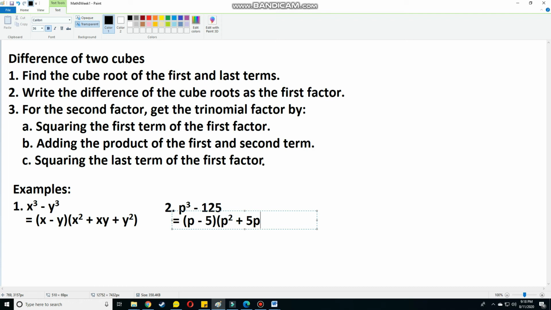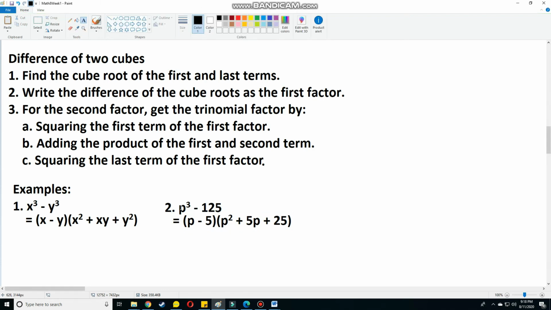And then squaring the last term of the first factor, so 5 raised to the second power, or 5 squared, that's 25. Okay, and that's it. So the factored form of the difference of two cubes, p cube minus 125, is equal to the quantity of p minus 5 times the quantity of p squared plus 5p plus 25.